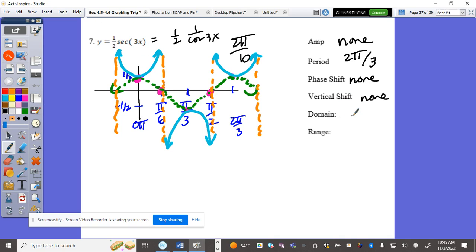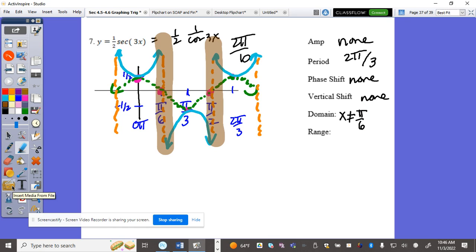All right, so the domain here, if you know the domain, is all real numbers except the asymptote, which is pi over 6, plus, think about this one here. You cannot have a graph here. You cannot have a graph there. And remember, the gap between the asymptotes is one whole period. So you have to add a period here. The period for this problem is 2 pi over 3. But how many 2 pi over 3 need to be added?